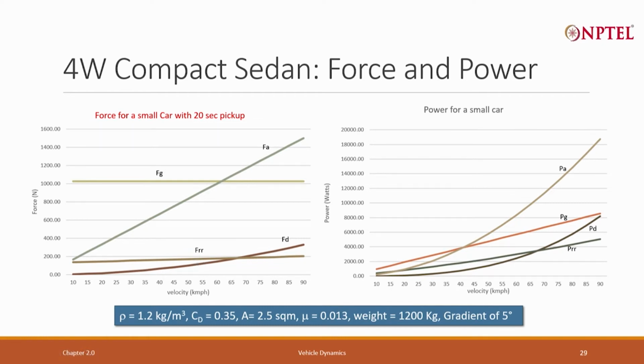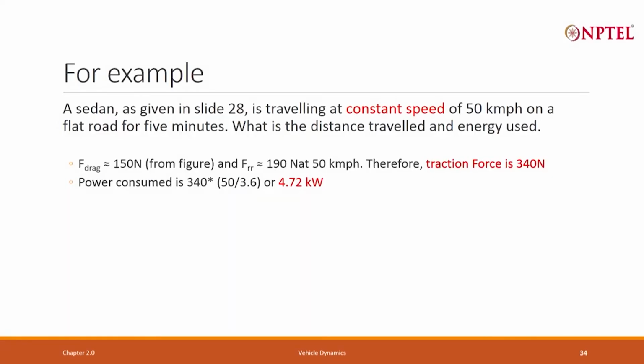And if I am driving at a constant speed, and let us assume no slope, only the drag and the rolling resistance have to be taken into account. So, the total force that I have is 340 newtons. Power consumed is therefore 340 newtons multiplied by the velocity. Velocity is 50 kilometer per hour. I have to convert it into meters per second by dividing by 3.6, and actually I am consuming 4.72 kilowatt to overcome this.